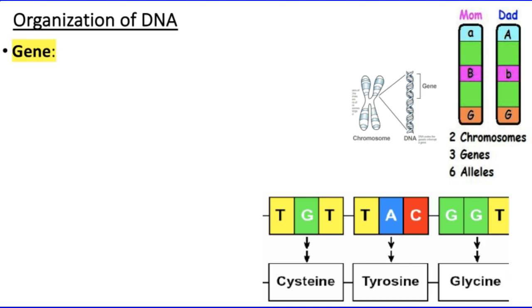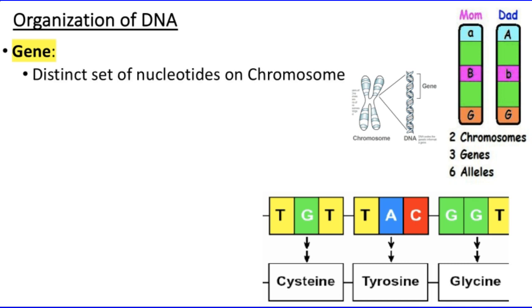When we're talking about how DNA is organized, we talk about distinct sets of nucleotides on a chromosome, and these sets of nucleotides are known as genes. Just imagine you have an extremely long strand of DNA nucleotides, okay? Every particular segment could be, let's say, 1,000 base pairs, or it could be only 50 base pairs.